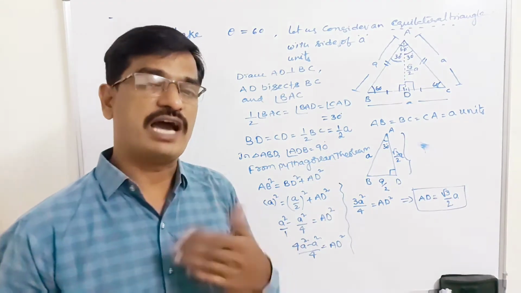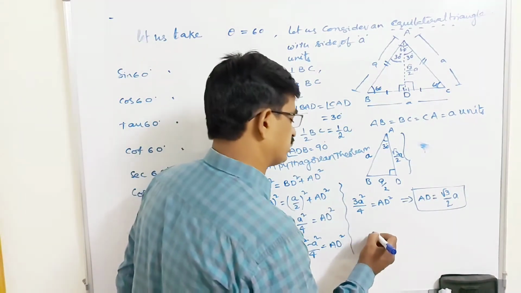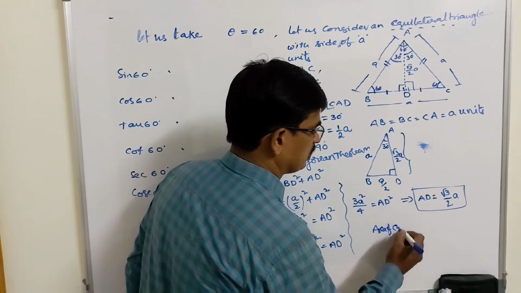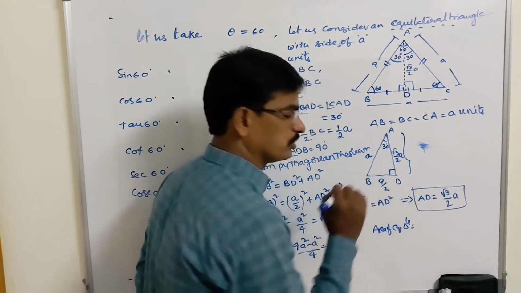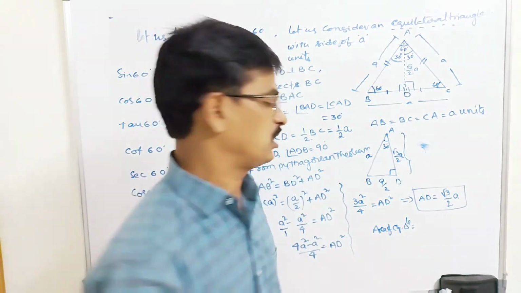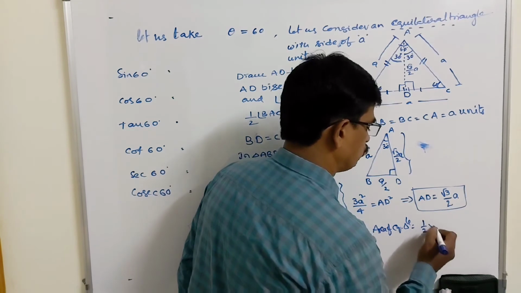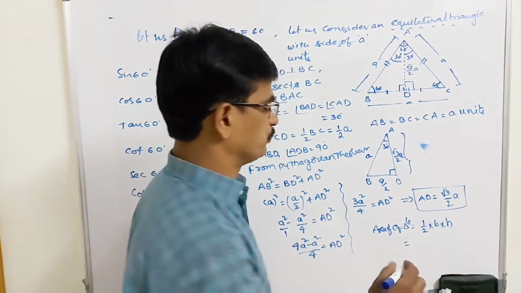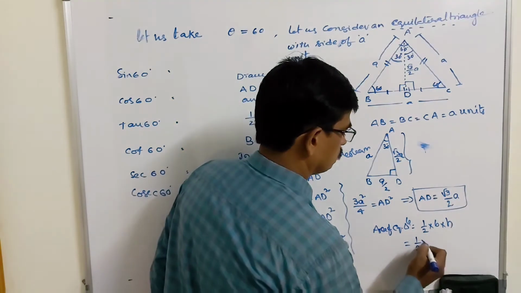Okay. If they ask, for example, the area of an equilateral triangle, see how to do it. Area of an equilateral triangle is equal to... So generally, for the area of a triangle, what is the formula? Half into base into height only, na. Okay. Now half into, what is the base?